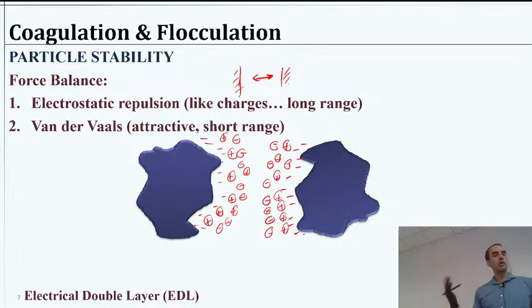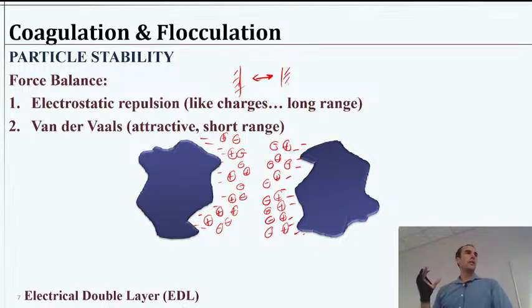Now, there are more forces than that that can have some impact. And if you get close enough, those other forces tend to dominate. If you think about gravity or magnets, if you have two magnets and they're this far apart, there's a good chance you don't even feel any force between them, right?